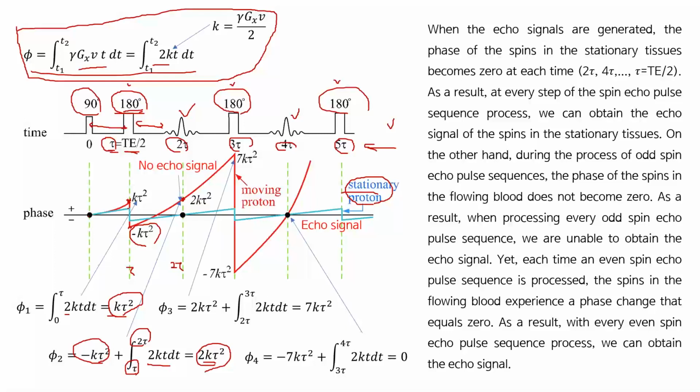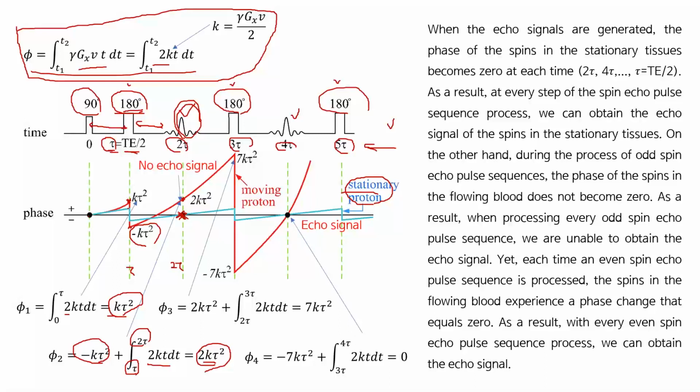So we have the straight slope like this, and at this moment the phase is 0, so we can have the echo signal.